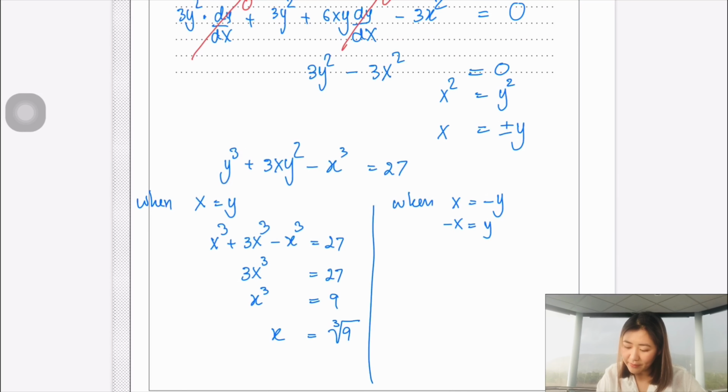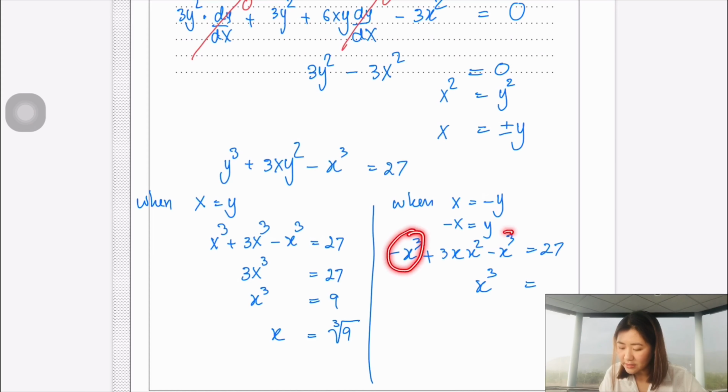So it's going to be minus x cubed, plus 3x times x squared, and minus x cubed equals 27. Simplify, you're going to get x cubed in total, right? Because minus 2x cubed with 3x cubed, you get x cubed equals 27.